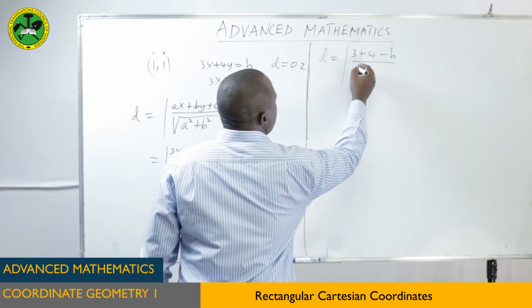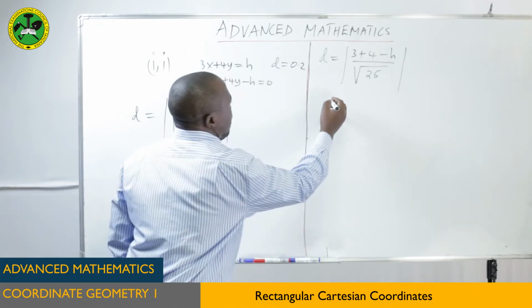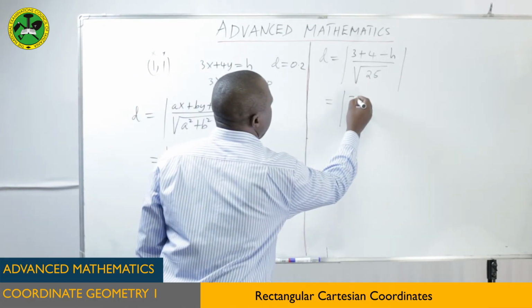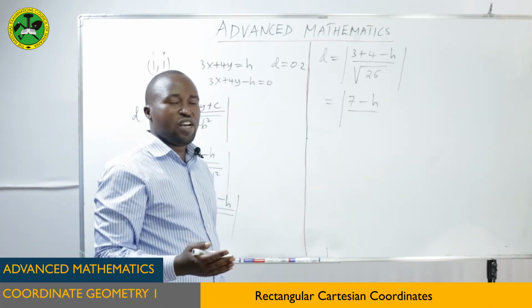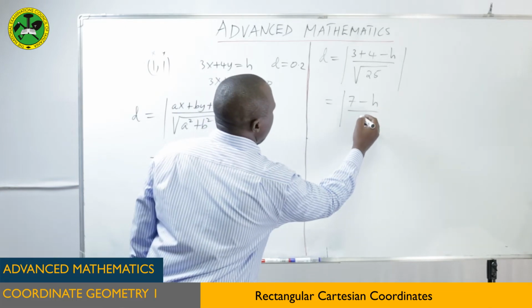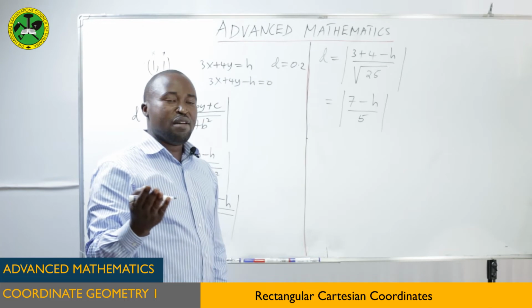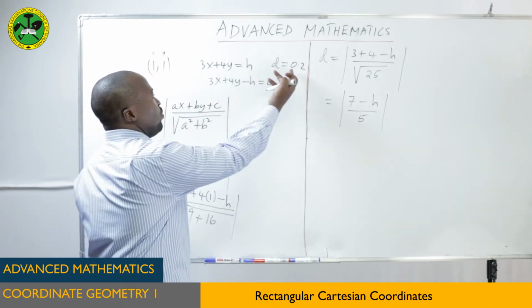That is the same as the square root of 25. So now this will be equal to 7 minus h over the square root of 25, which is equal to 5. But remember, we have been given the value of d. So d is equal to 0.2.